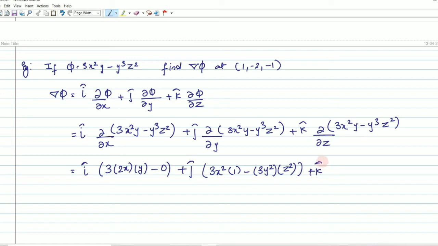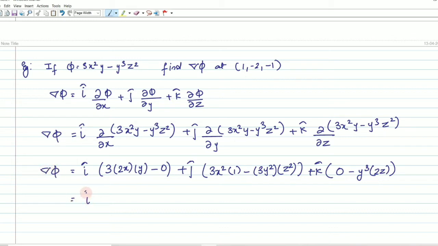Plus k cap dou by dou z. Differentiation with respect to z, y and x are constant. Here it will be 0 because x and y are constant, minus y cube, differentiation of z square will be 2z. Understood this, all of you? We have just used the concept of partial differentiation.